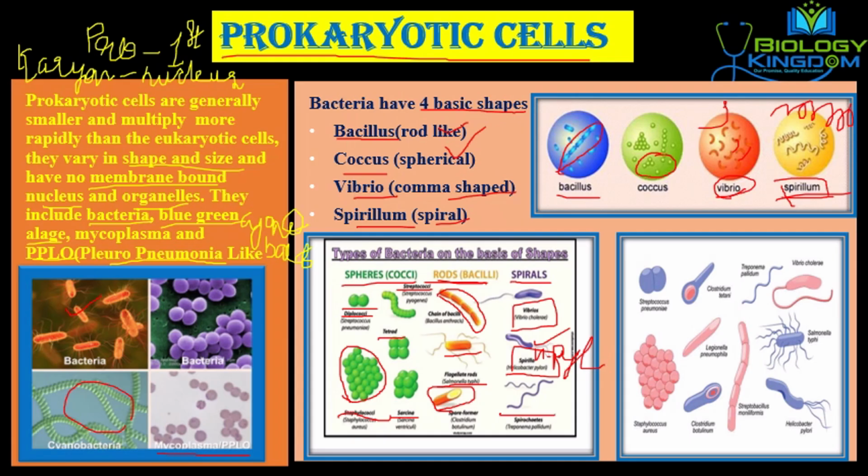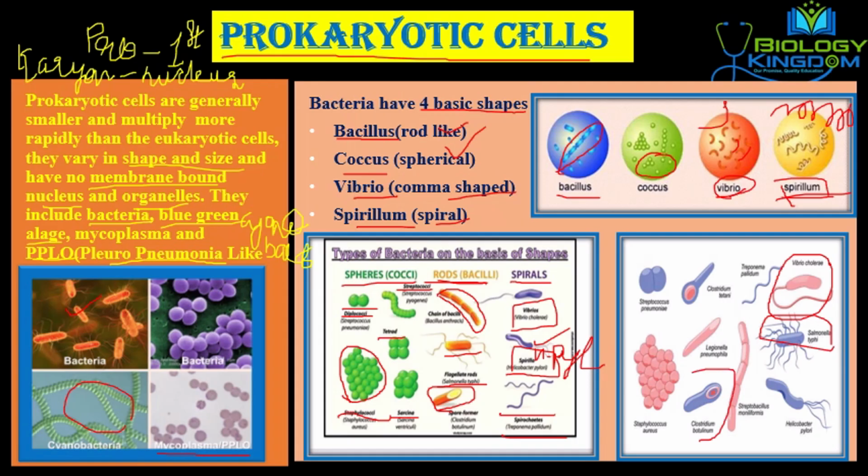Next we have spirochetes, that is Treponema pallidum. Here we also have the structures of a few bacteria. This is the structure of Vibrio cholerae, which causes cholera. Next is Salmonella typhi, which causes typhoid.